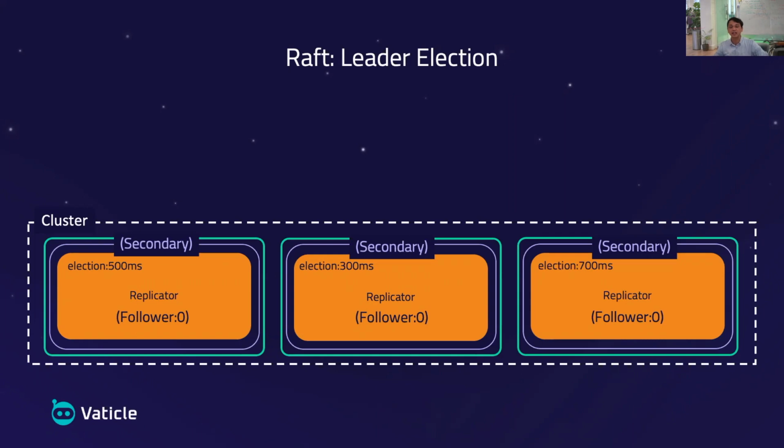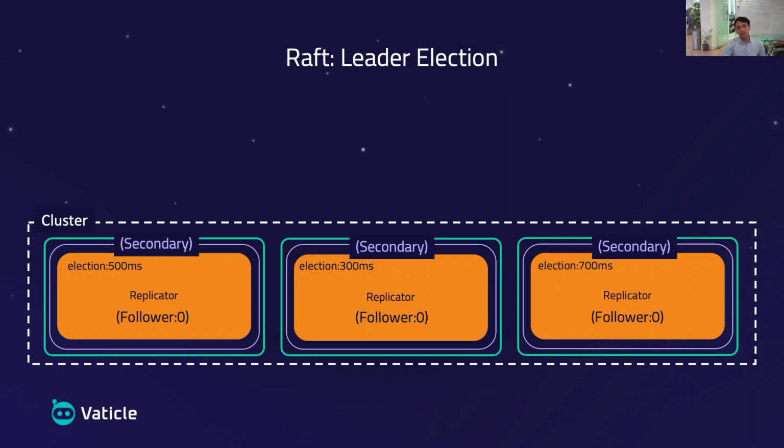So ideally, a good election is where there's only one candidate, because the more candidates you have, the more likely the votes are going to be split amongst different servers, in which case at the end they can't really decide which one should be the leader, right? So you need to minimize the number of times simultaneous elections happen at the same time, and Raft does this by randomizing the election timeout.